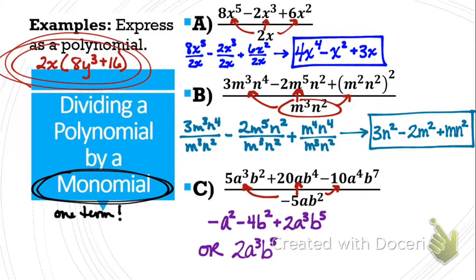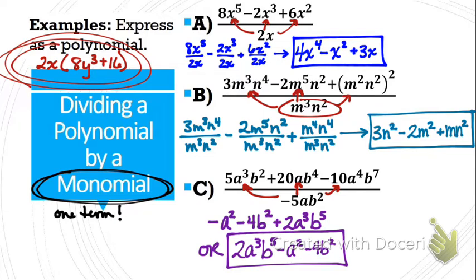Power on a. If you have more than one variable, we do it alphabetically first and then by power. So it's the a to the 3rd that is the reason that I brought that up to the front. So then minus a squared minus 4b squared. So far, so good?